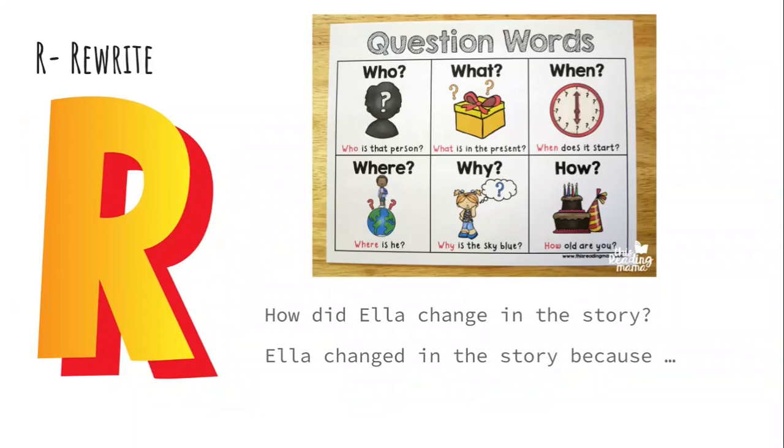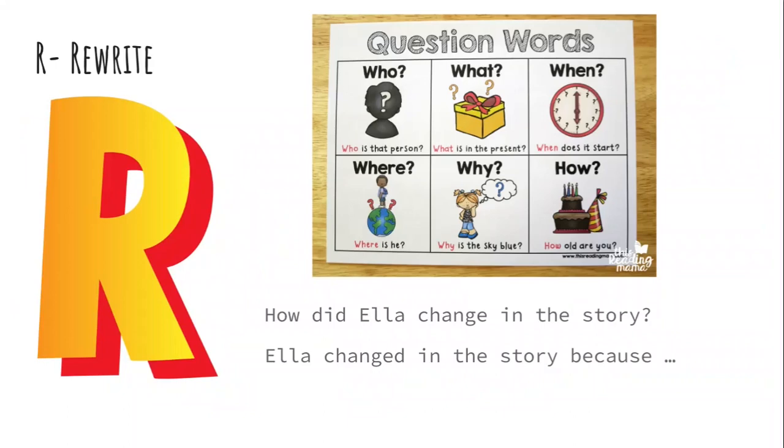Just take out the question word in the question. The question words are words like who, what, when, where, why, and how. How is the question word in our question. So we take that out. What we have left is, did Ella change in the story?